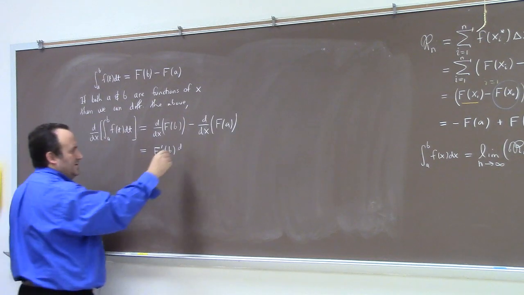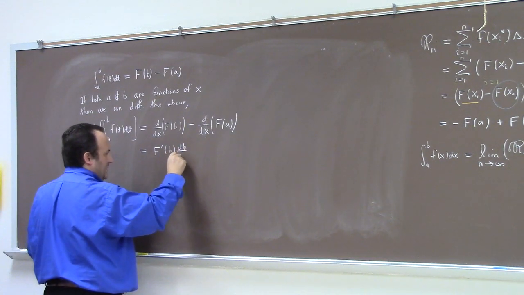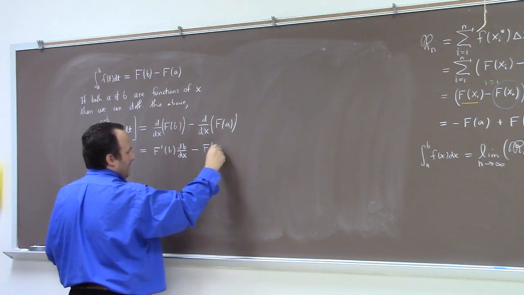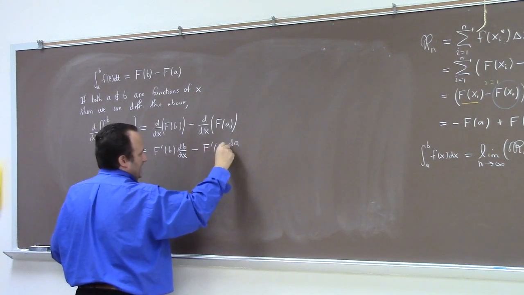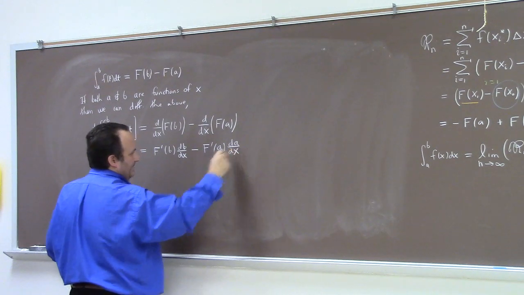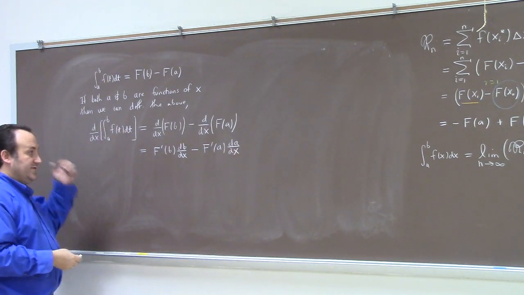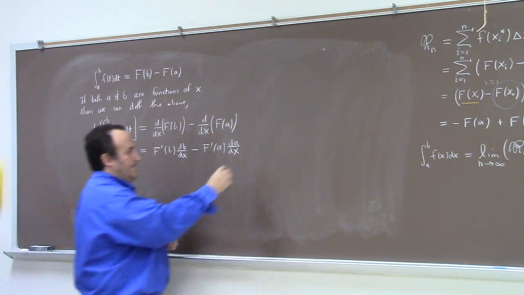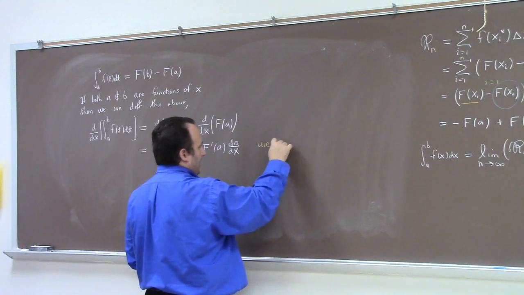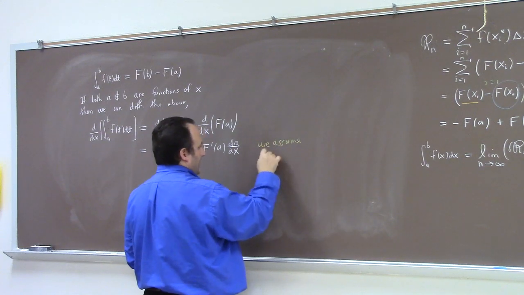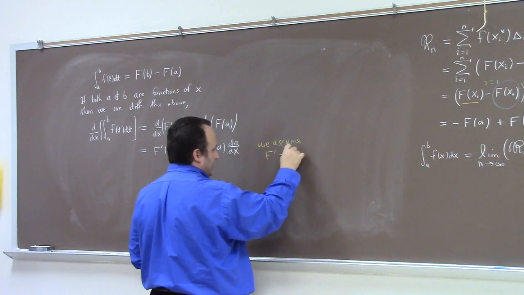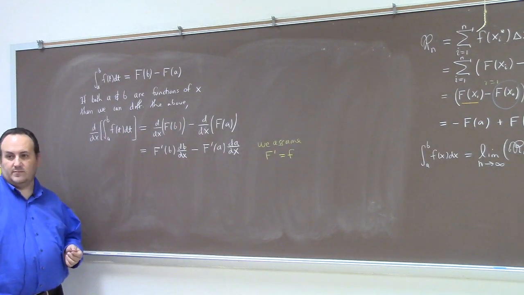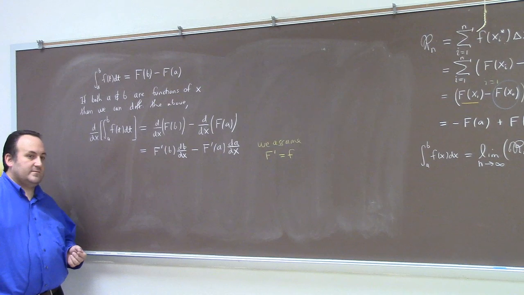So db dx minus F prime of a times da dx by the chain rule, right? But what are we assuming about F? That big F prime is equal to little f, right? That's our assumption in this whole discussion. Big F is an antiderivative of little f.